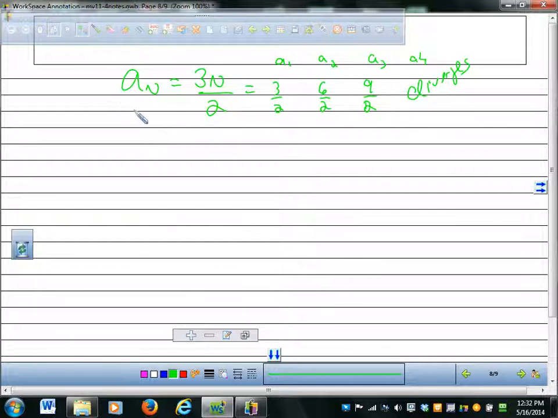But if you have a series which has a limit, for instance, find the limit of the converging series where a sub n is equal to 3n over n squared plus 1. What would be the first term?